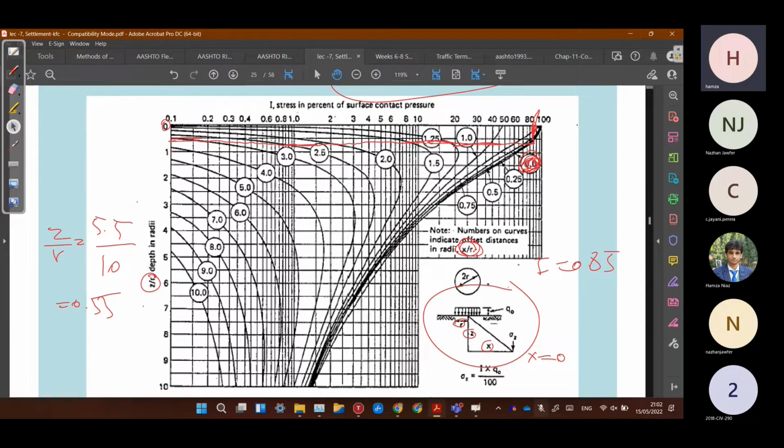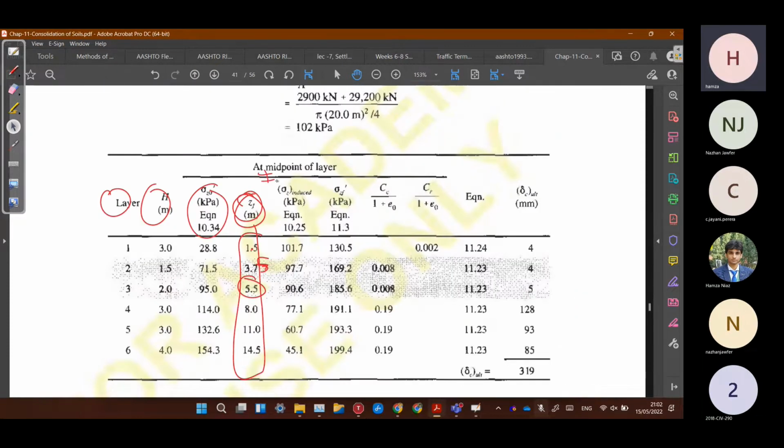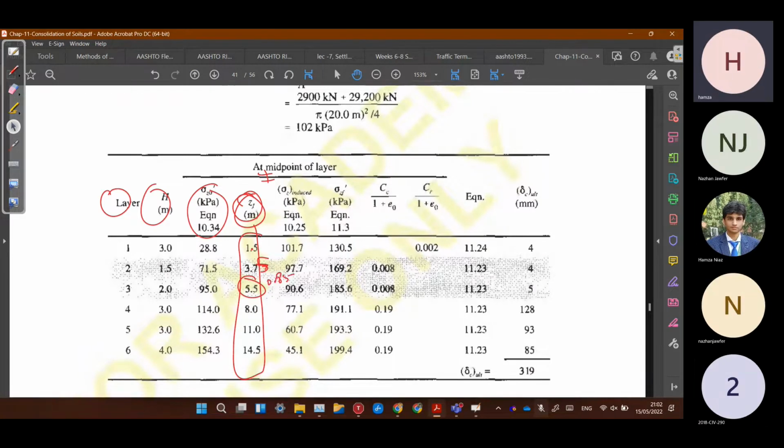Actually, we can draw another column here for I. So in the third layer, we can write I as 0.85. I is the influence factor. Now, delta sigma z reduced would be simply delta sigma times I. So delta sigma we have 102 times 0.85, that is 86.7.